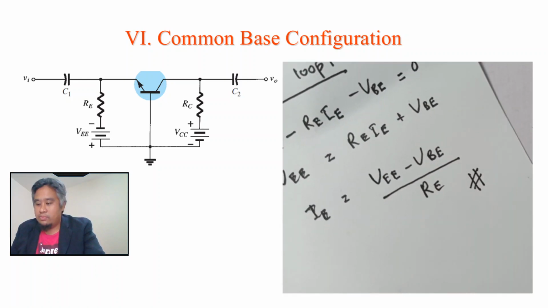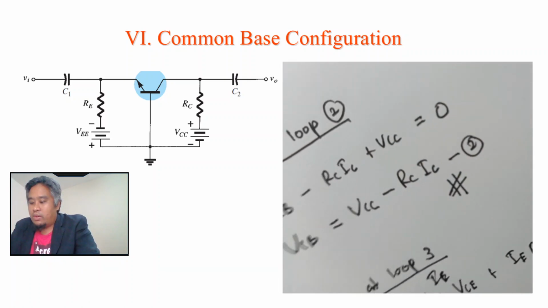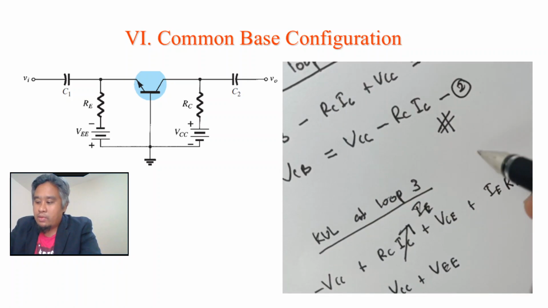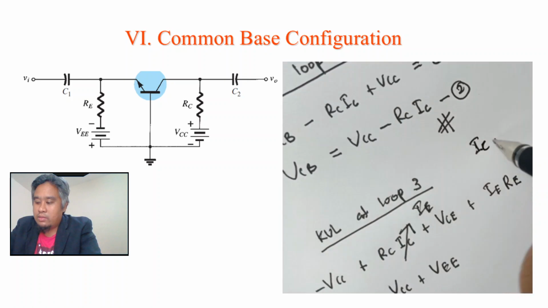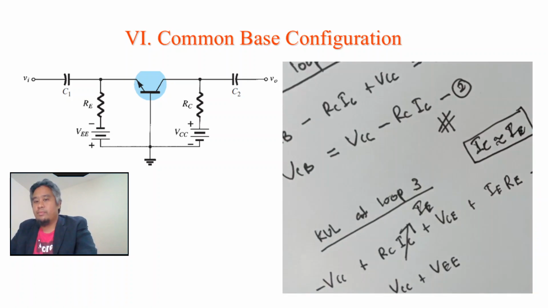That's easy, that's why we replace IC with IE. We already know that IC is equal to IE. This is our formula.